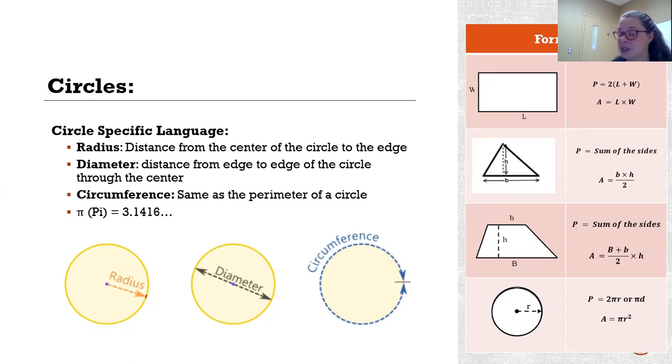And the other thing that we need to know is what pi is. So pi is this fancy Greek symbol. It's like 2 little lines with a squiggle on top. We call that pi. It represents a constant that's 3.1416.